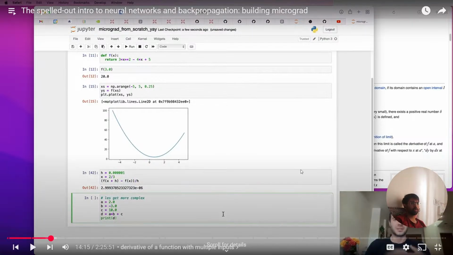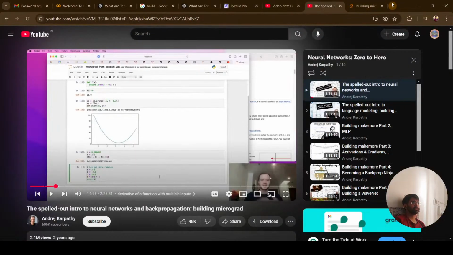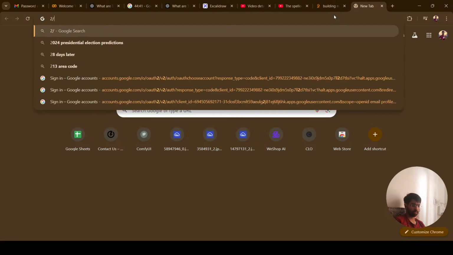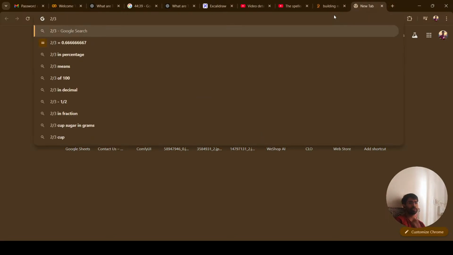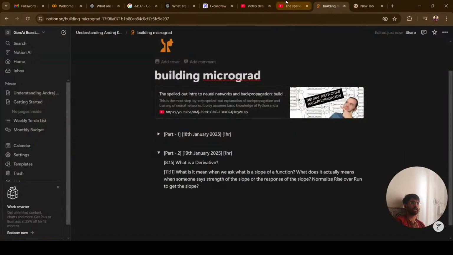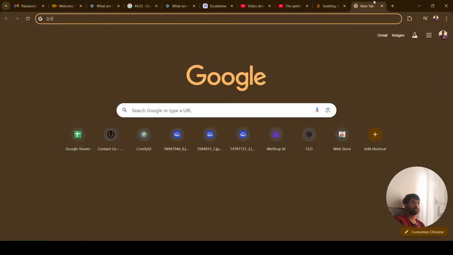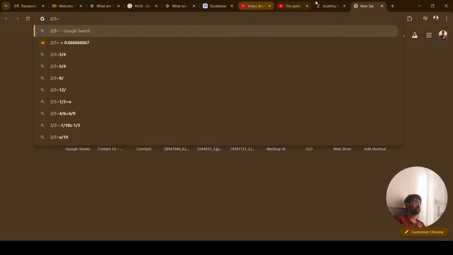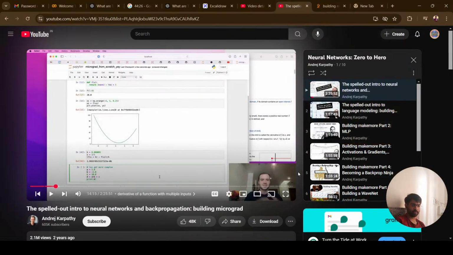So what he's telling is at 2 by 3, that is 0.67, at x equals 0.67, the slope is coming as 0.